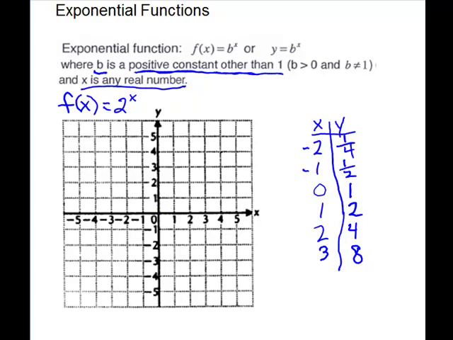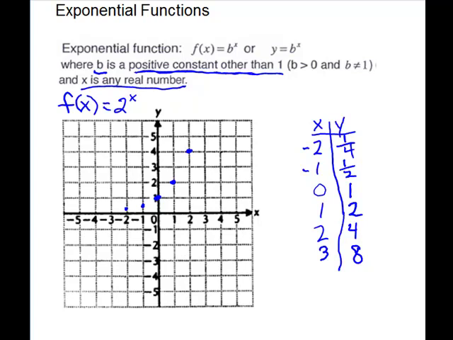All right, so we'll plot on here negative 2 and 1/4, so about right there. And then we have negative 1 and 1/2. 0, 1. 1, 2. 2, 4.